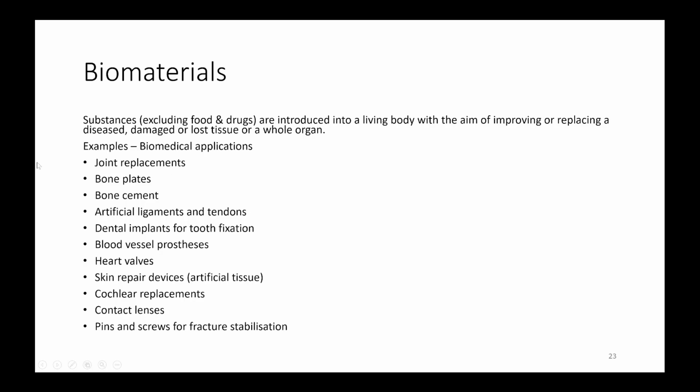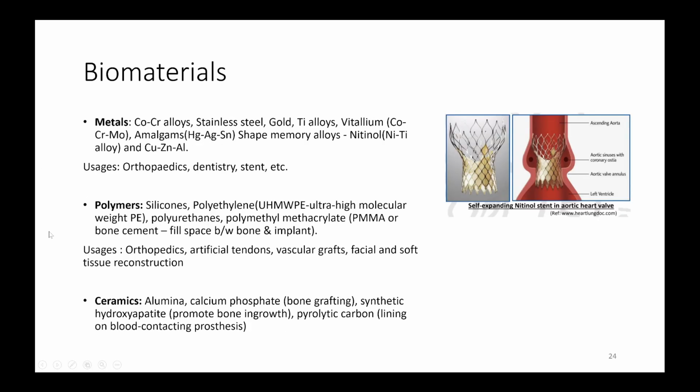These are all biomaterials. These materials can be either metals, polymers or ceramics. For example, in case of metals, cobalt chromium alloy, stainless steel, gold, titanium alloys, vitalium, amalgams, shape memory alloys, nitinol, copper zinc aluminium alloy. These are all biomaterials.